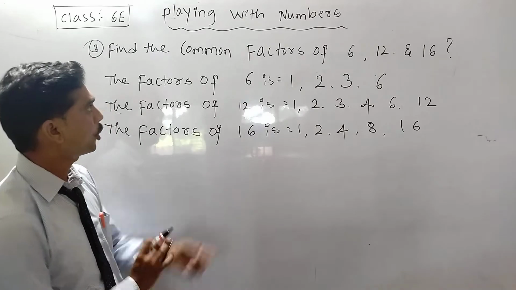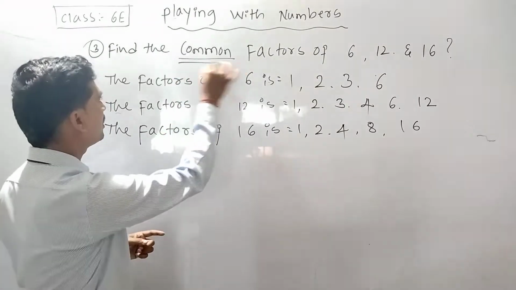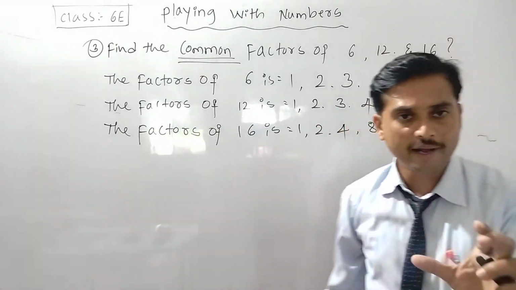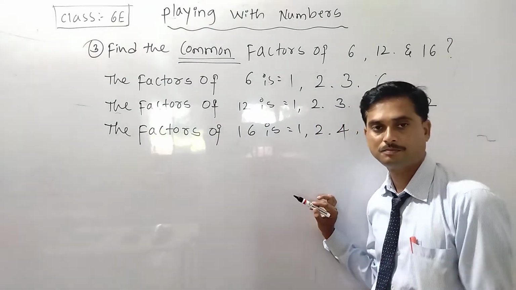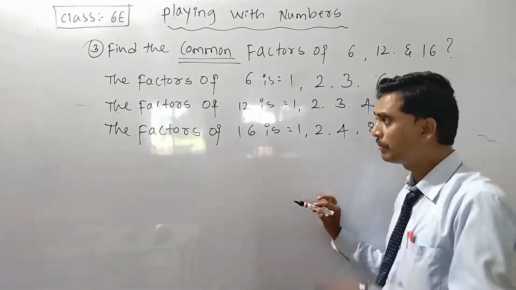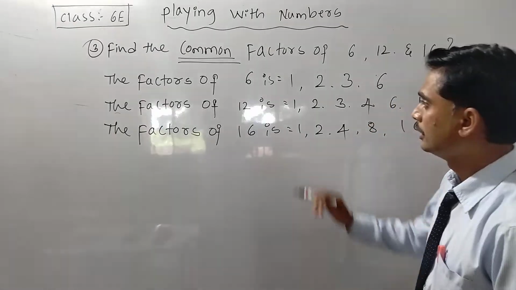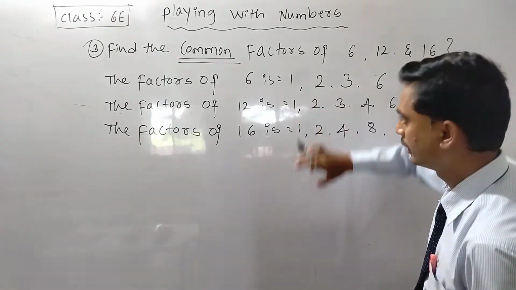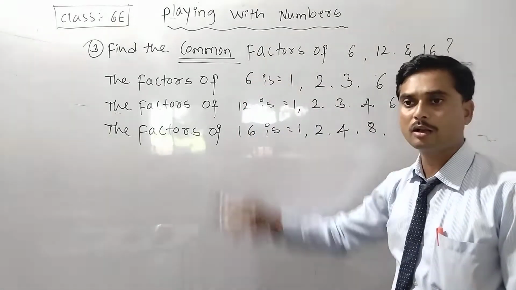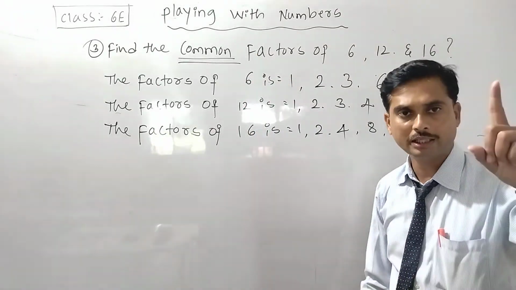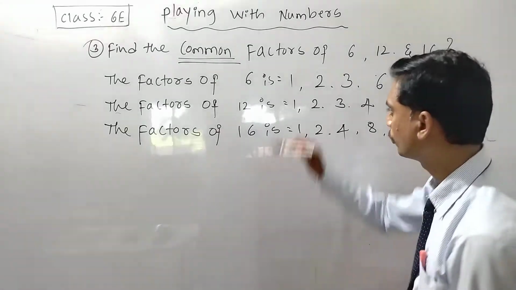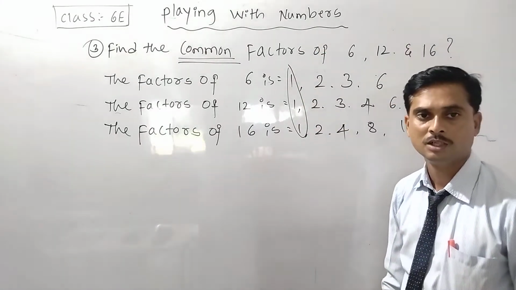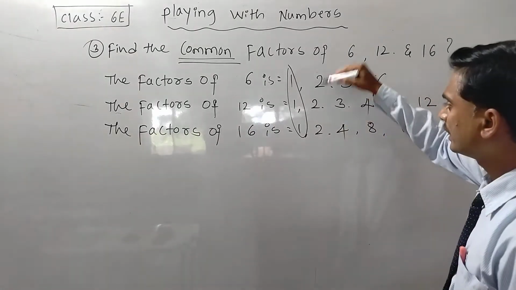You should find the common ones. Common means one number occupies all places. Because you have to think here, 1 here, 1 here and 1 here. Then in all three lines 1 is there. 1 is the common number. Then you have to circle it. 1 is a common number. Then next one, is 2 there or not?